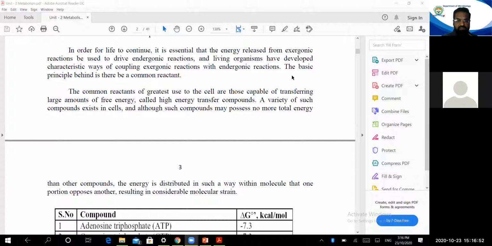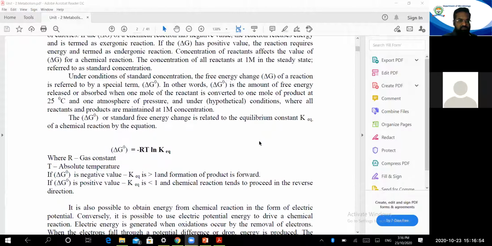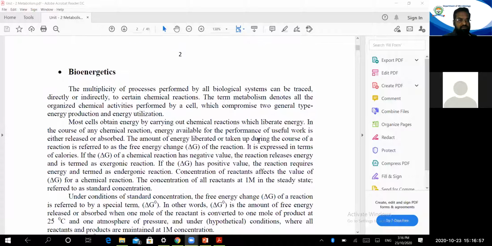Now, in continuation to the previous aspects, the most important concept in biochemistry, when you are studying this biochemistry, you should consider is bioenergetics. Because what we are saying is that the cell is carrying out its metabolic activity solely for the first and prime purpose to sustain itself, to remain living.